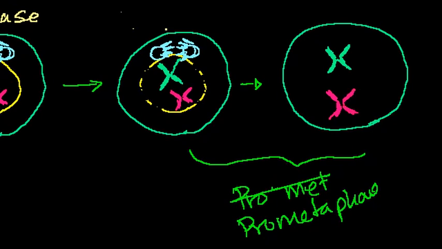They, of course, have their centromeres, right there. And then these centrosomes will have migrated roughly to opposite sides of what was once the nucleus.